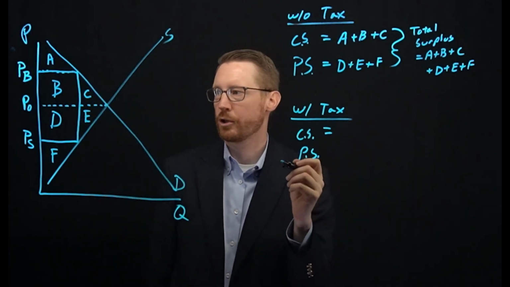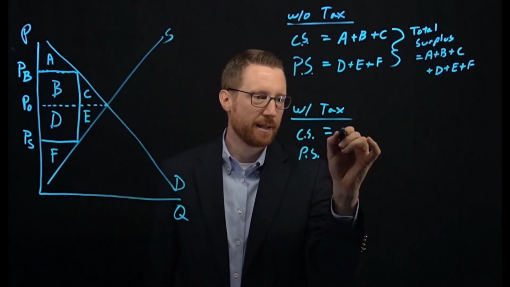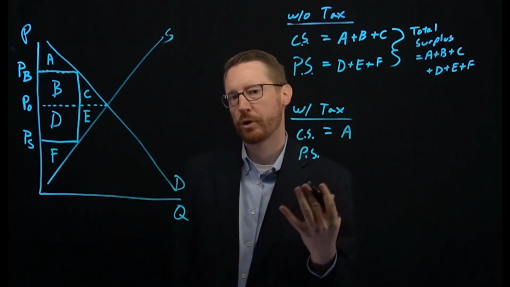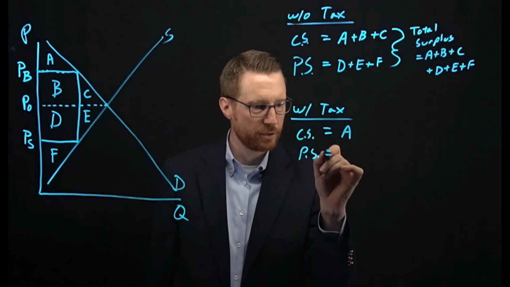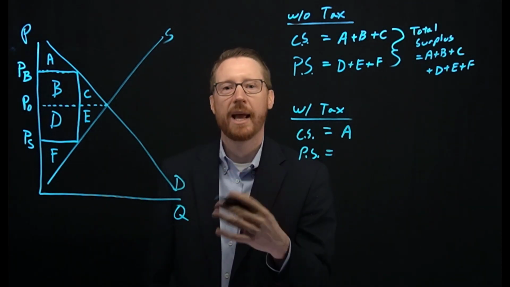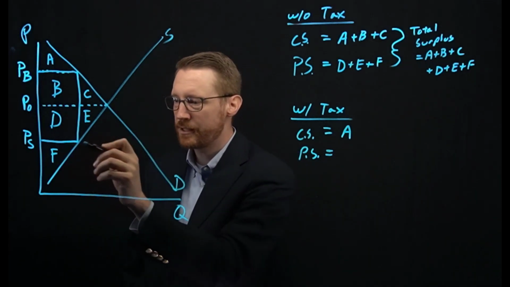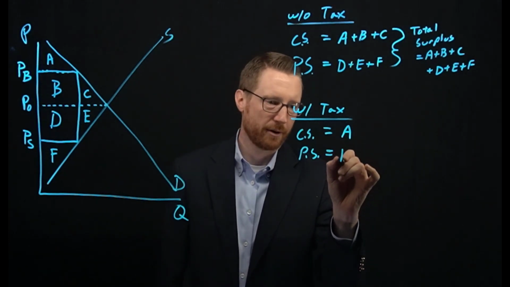So consumer surplus now is just area A. And what about producer surplus, right? How much are the gains to the producer? Well, it's what they'd be willing to sell for, the supply curve, and what they sell for, or actually put in their pocket, P sub S. So producer surplus is just area F.